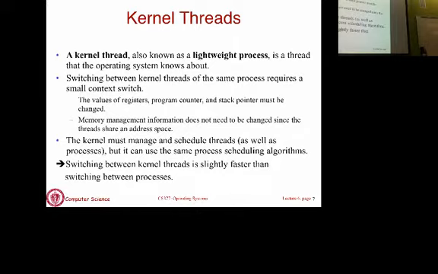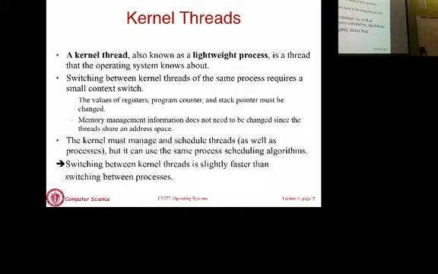Okay? And in this case, if you have kernel level threads, switching between threads is somewhat similar to context switching between processes. If you want to schedule one thread and its time slice runs out, you are going to save the state of that thread, which is its registers, and then you may resume execution of another thread. That other thread belongs to the same process.